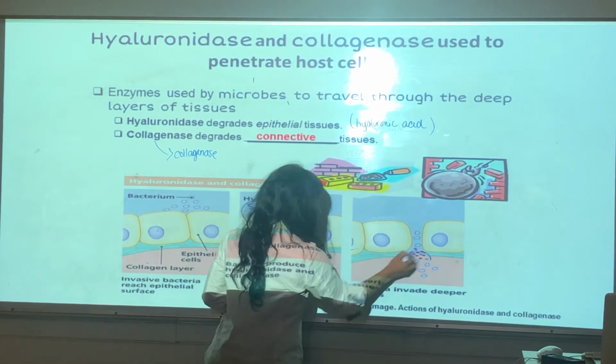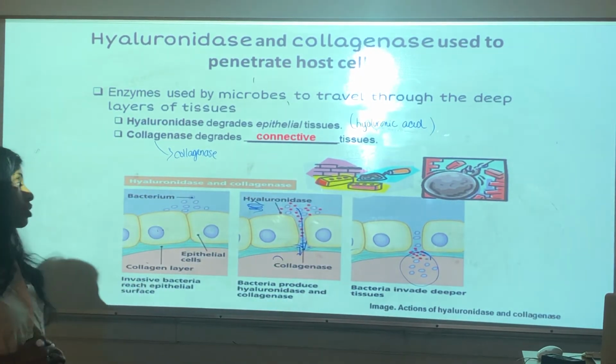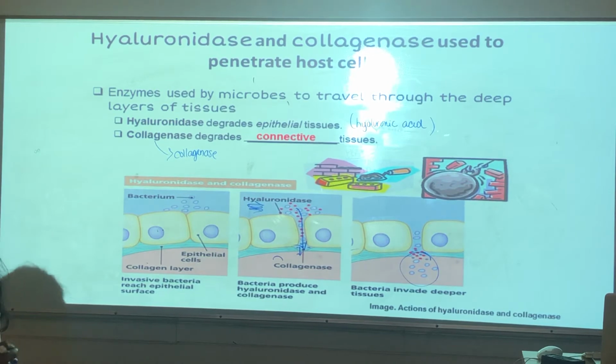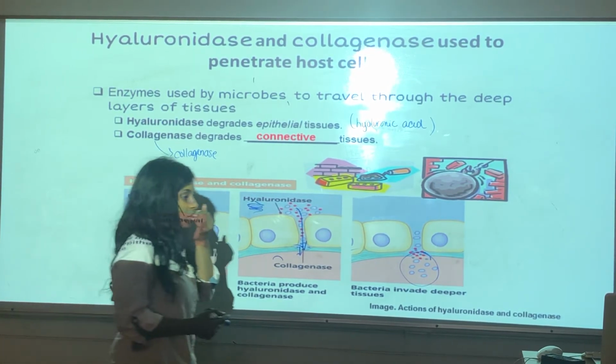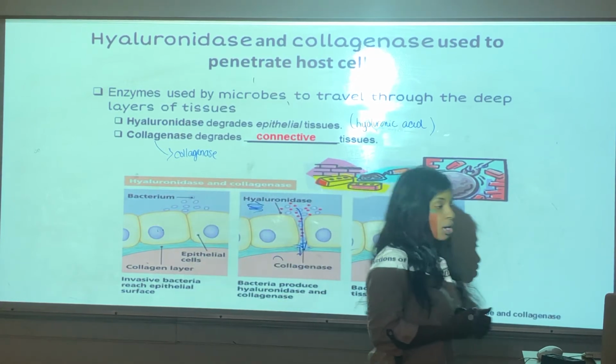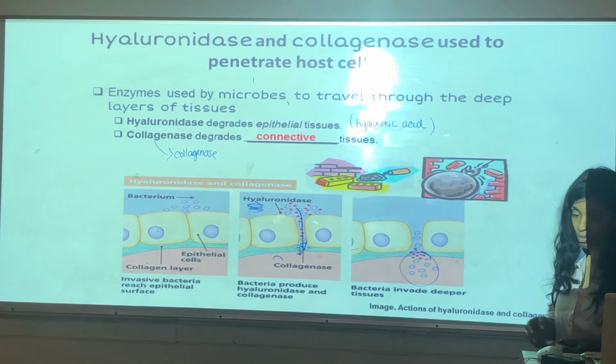So we can see now the microorganisms are deep within the tissues. They're happy because they're in an area where there's much more nutrients than outside the epithelial cells, which tend to be dry, and they're exposed to greater damage.